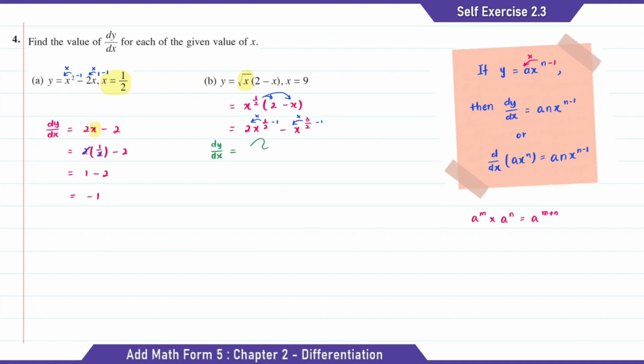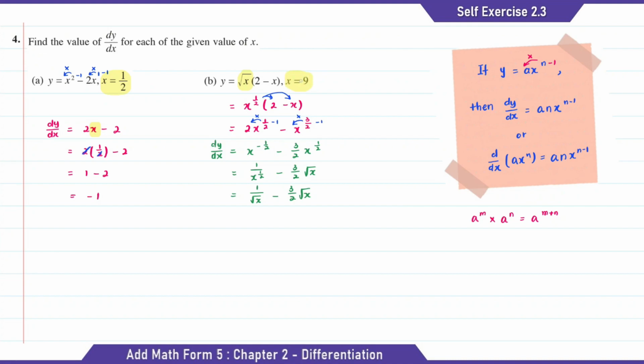Differentiate this, we're going to get x to the power of negative 1 over 2 minus 3 over 2 x to the power of 1 over 2. This is the same as 1 over x to the power of 1 over 2 minus 3 over 2 square root x. This is also the same as 1 over square root x minus 3 over 2 square root x.